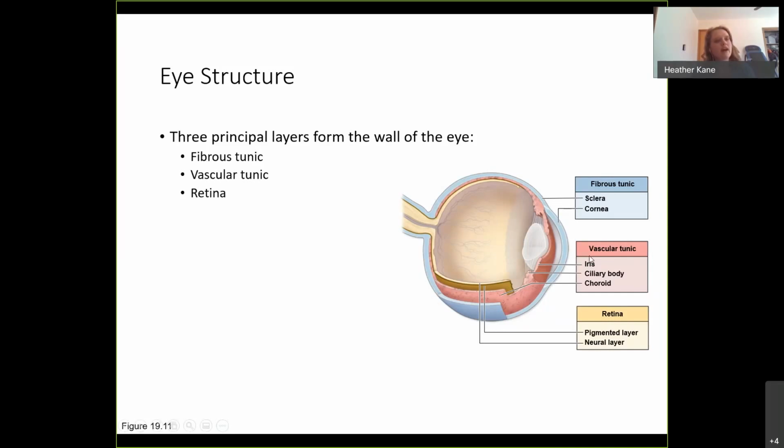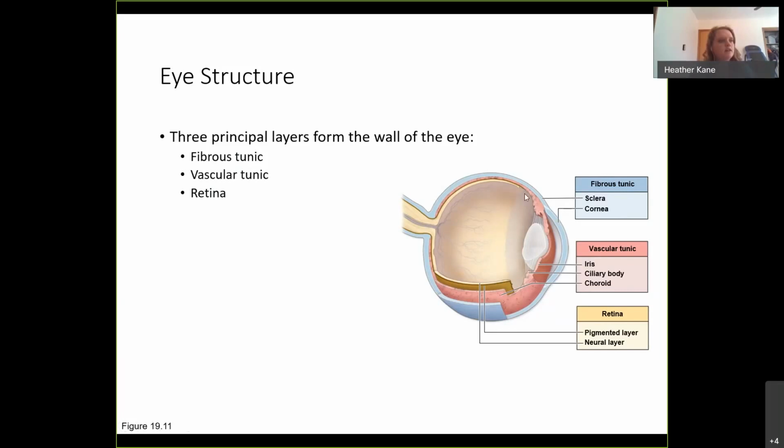So then we also have a vascular tunic. So what does the word vascular mean? Has blood vessels? Yeah, exactly, it has blood vessels. So having blood vessels is an important part of this.